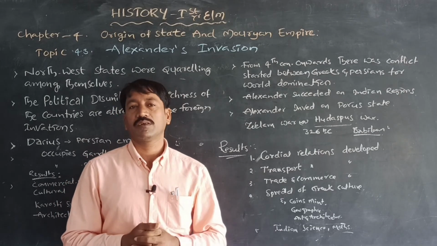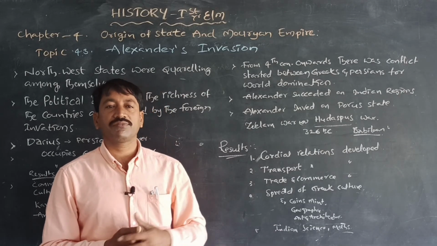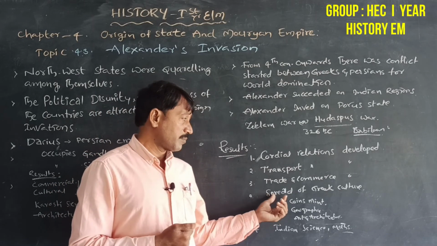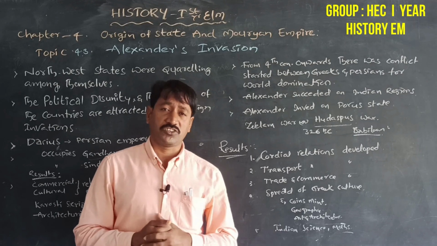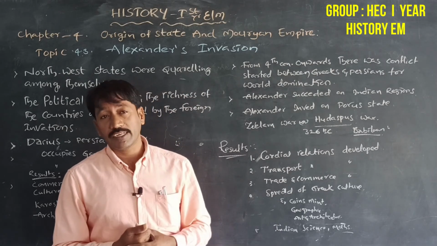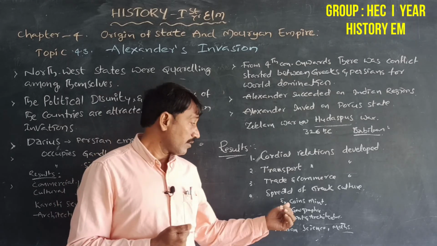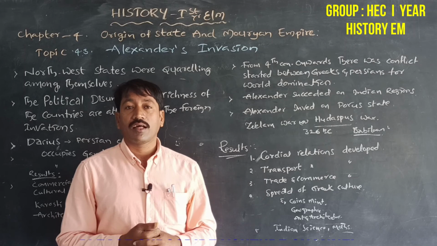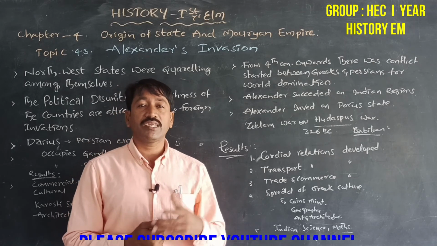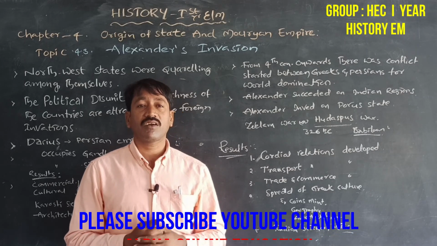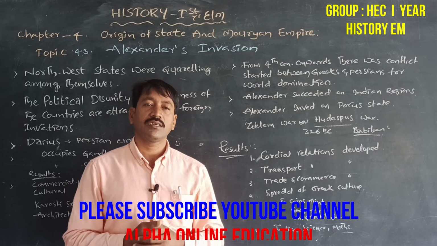This is the most important result of Alexander's invasion, that is the spread of Greek culture in the Indian region. What type of culture influenced Indian culture and heritage? One is coin minting. Up to the Greek invasions, there was no coin minting here.